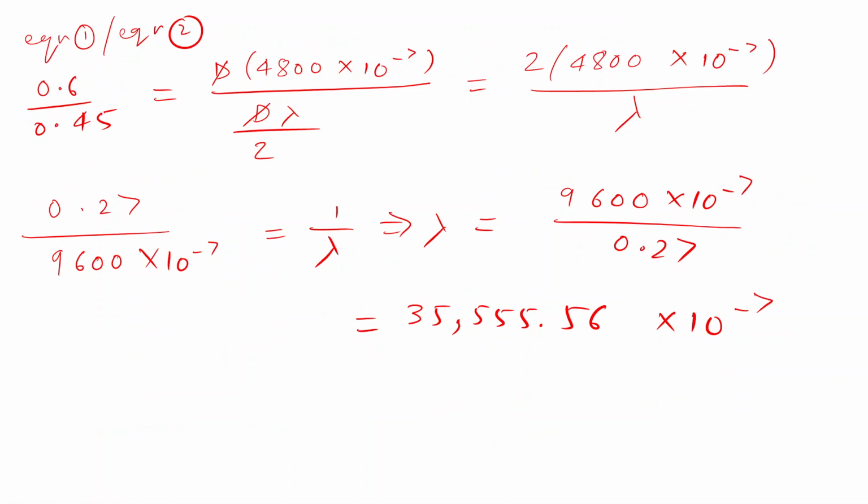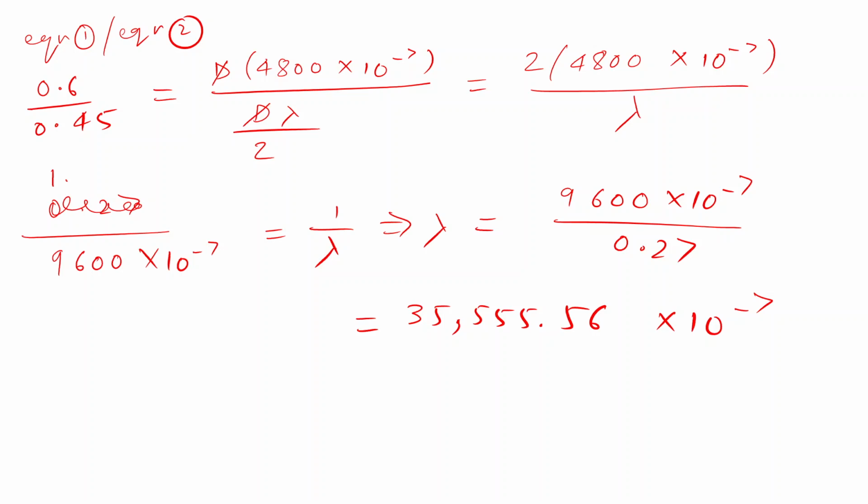Small d will be cancelled and we will be left with D by 2 lambda. Then this 2 will come up. Let me again check if this is correct. 0.6 divided by 0.45. Okay, I made a mistake.